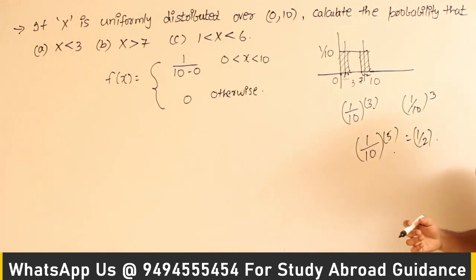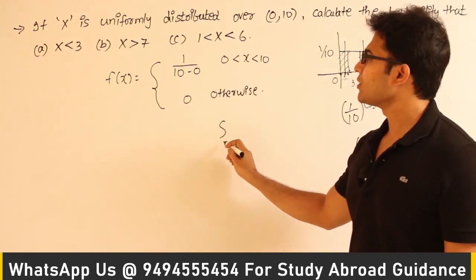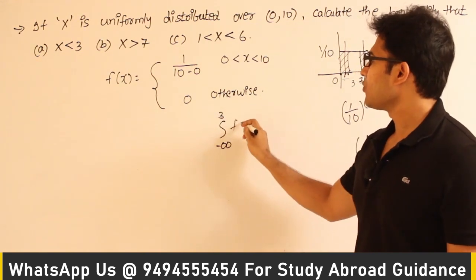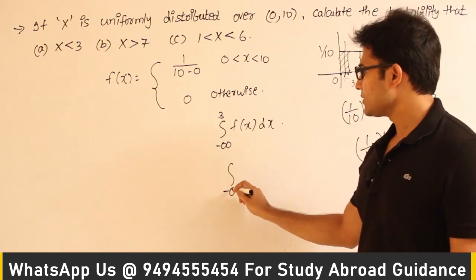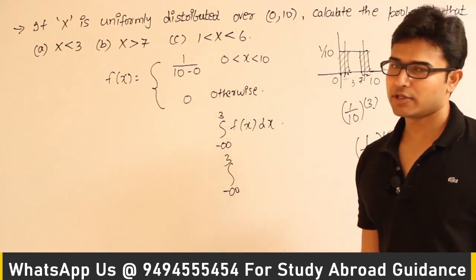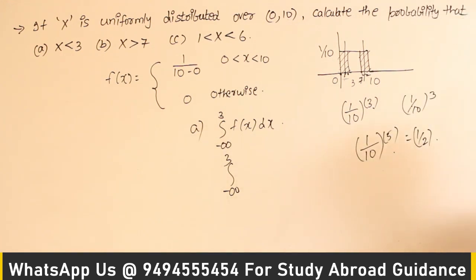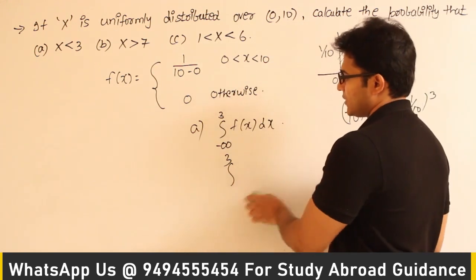Or if you want to do it the other way, we apply integration from minus infinity to 3 of f of x dx. I am solving question A, the probability that it is less than 3. Less than 3 means minus infinity to 3. From minus infinity to 0, we know that it is again 0.